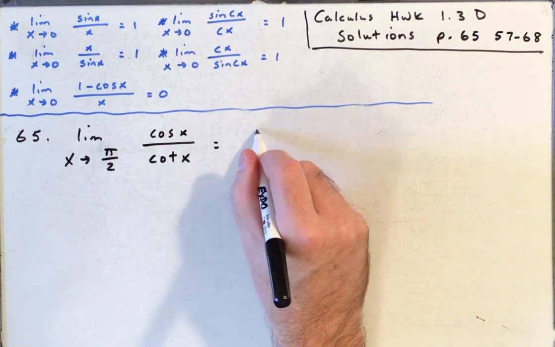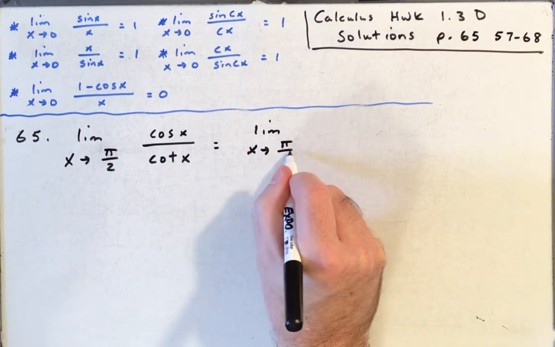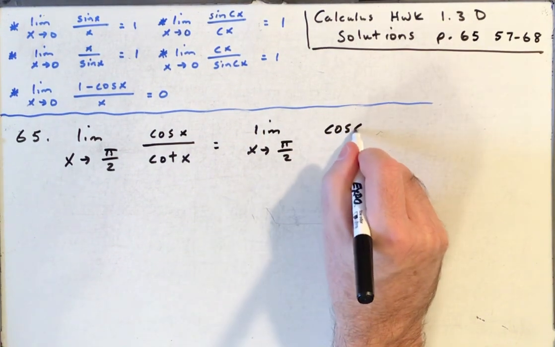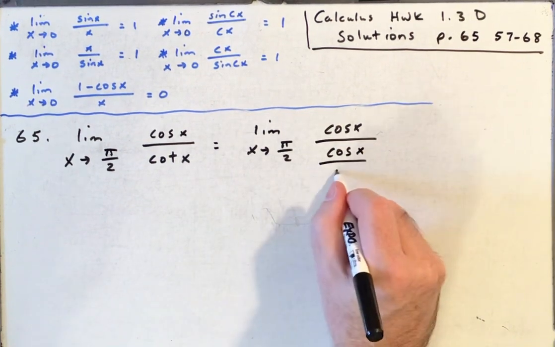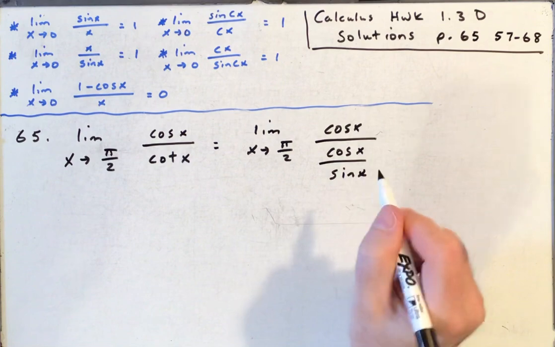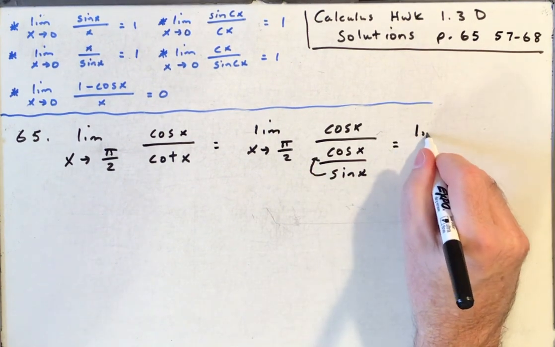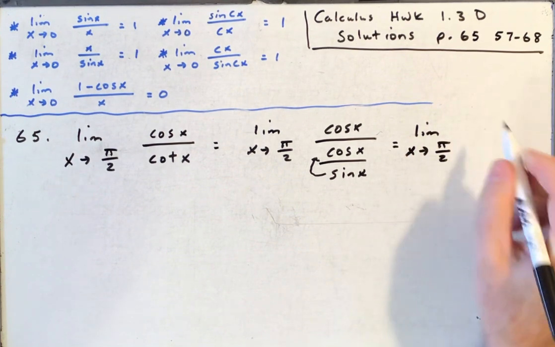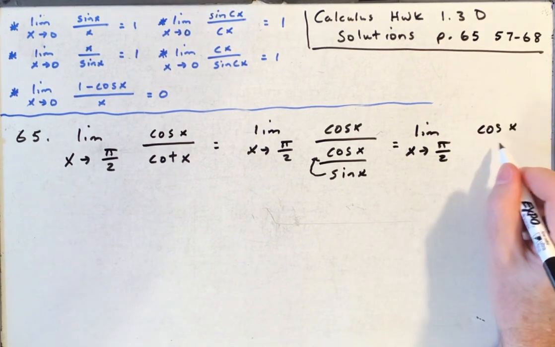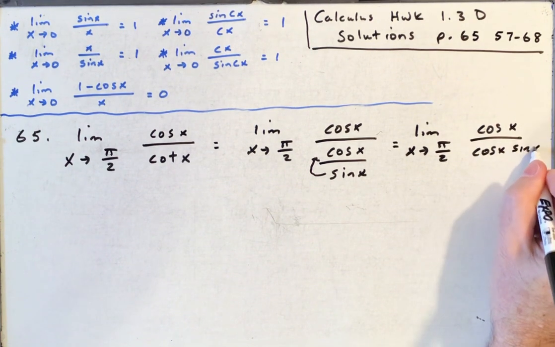So first of all, let's change cotangent. So you have cosine x, and cotangent's cosine x over sine x. And then that allows us to go whoop, like that. So that's the limit as x approaches pi over 2 of cosine x over cosine x times sine x.